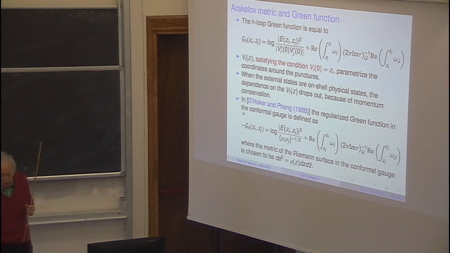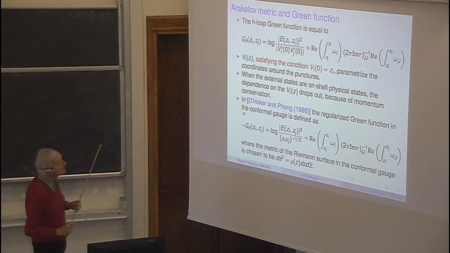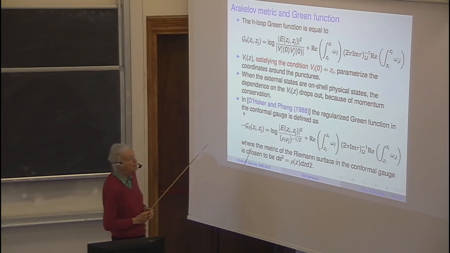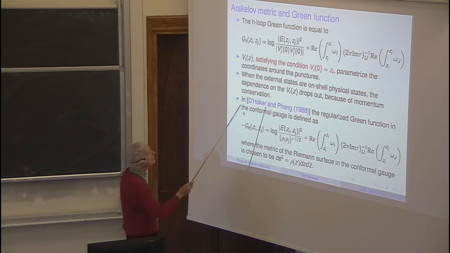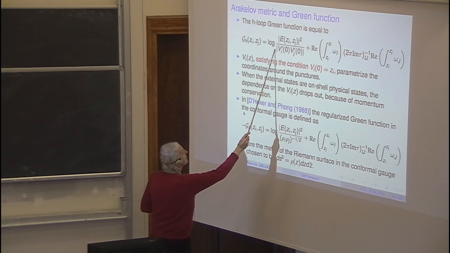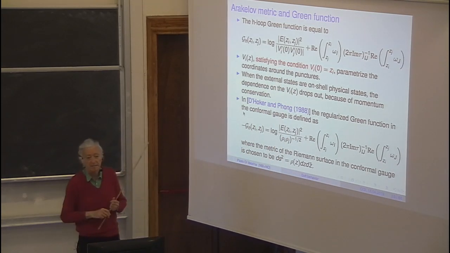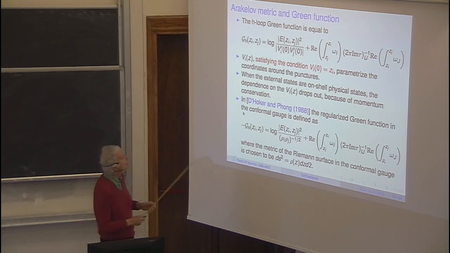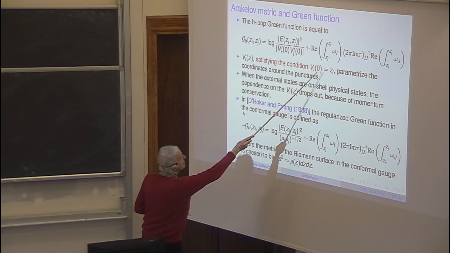Now, let me say a few words about the Arakelov-Green's function. From the formalism that I was explaining before, the Green function coming out from the calculation is not only this, but contains the object which parameterizes the coordinate around the puncture, and this V_i(z) satisfies this condition.